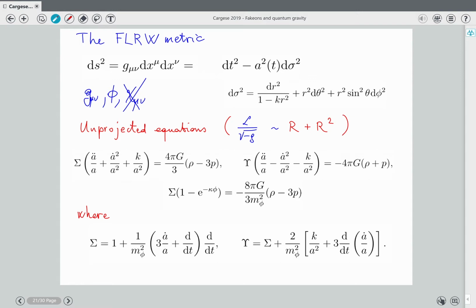So let's come to the final comment on something that you might find more interesting, the Friedmann-Robertson-Walker metric, and how the projection works in the classical limit. The Friedmann-Robertson-Walker metric starts from this ansatz, and out of the triplet, the spin 2 will be insensitive to this ansatz.